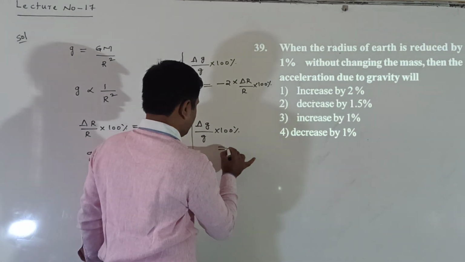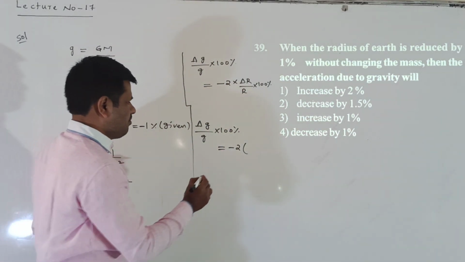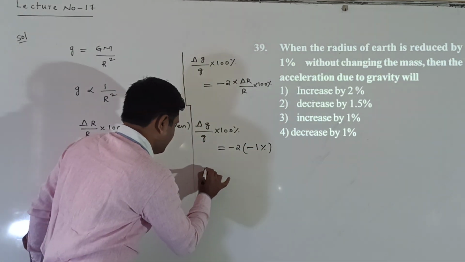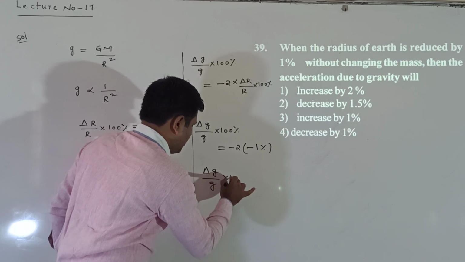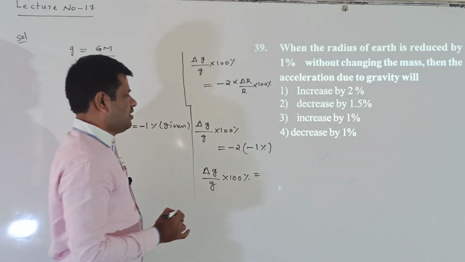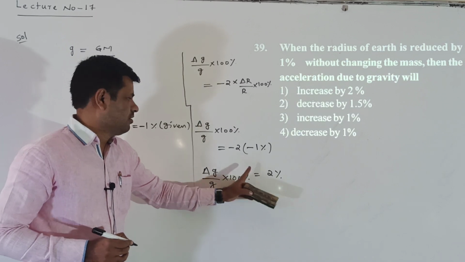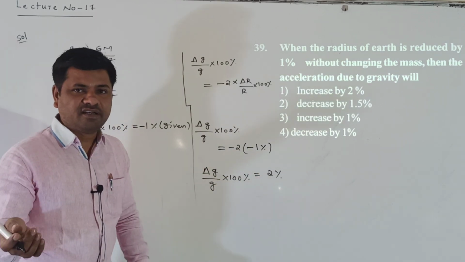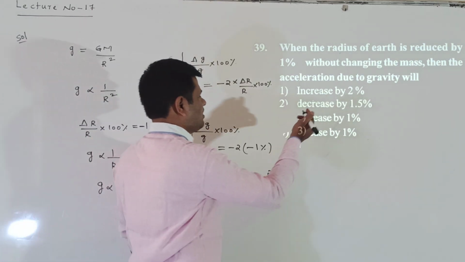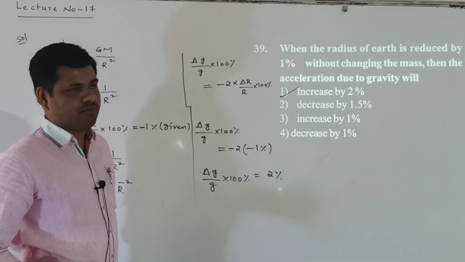So minus 2 into minus 1% gives delta g by g into 100% equal to, minus into minus is plus, 2 into 1 is equal to 2%. Plus means increases, minus means decreases. So it increases by 2%.